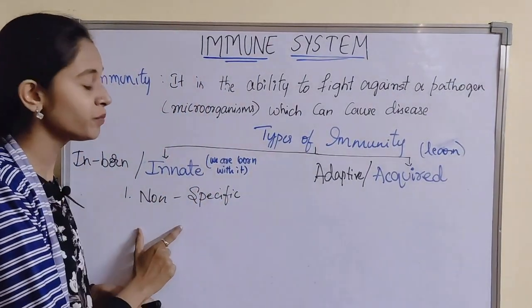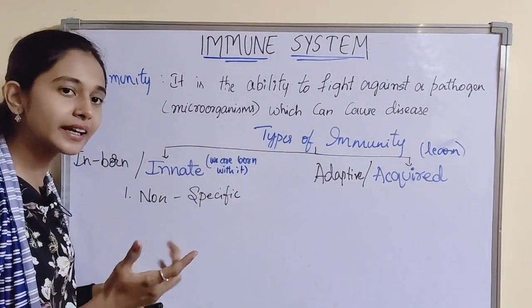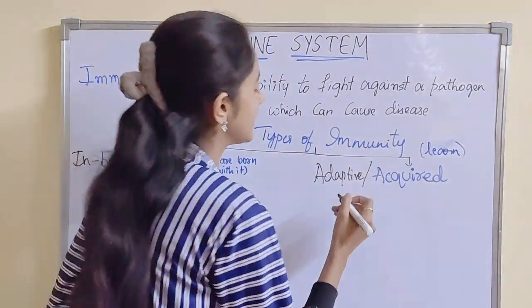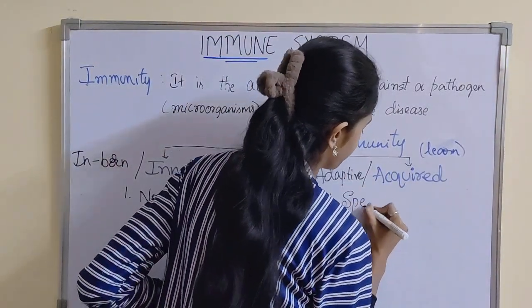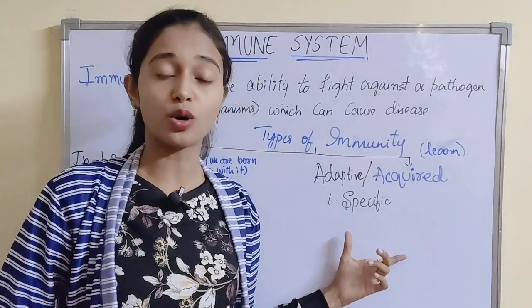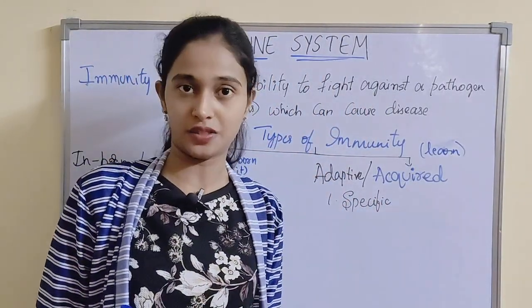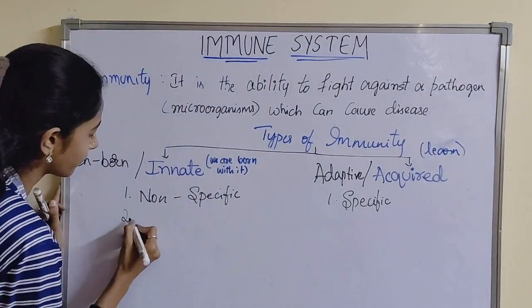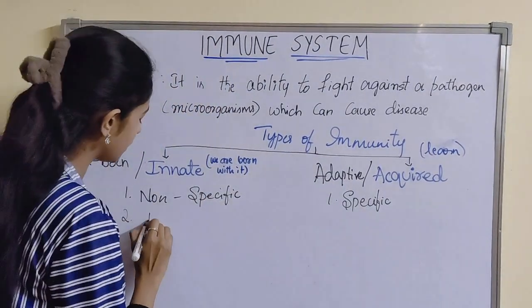Innate immunity का क्या काम है कि immediate response करेगा and it is non-specific in nature, whereas adaptive immunity is highly specific in nature. It has a specific response for every single antigen. Okay, and the second thing is it gives immediate response.